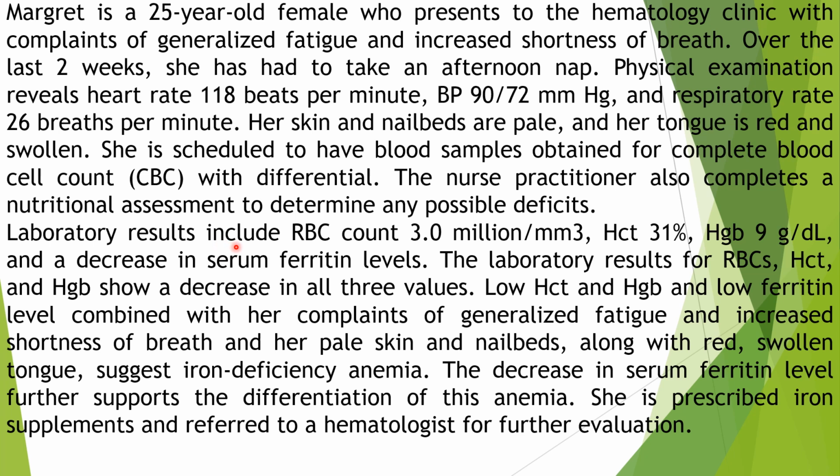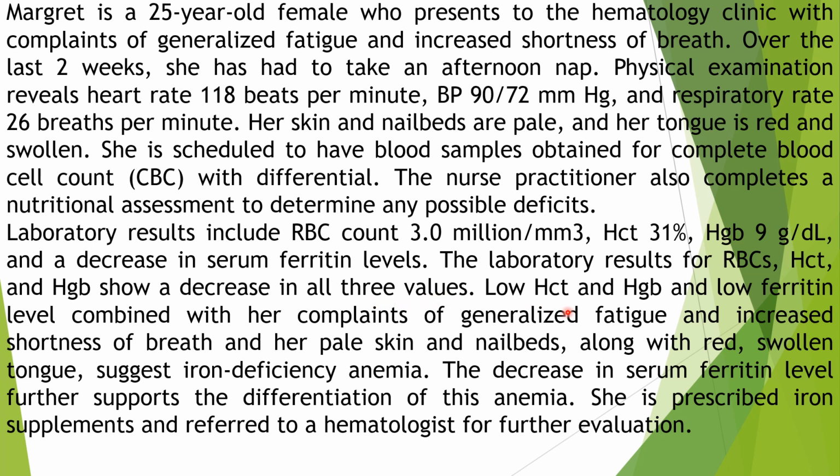Laboratory results include RBC count 3 million per millimeter cube, hematocrit 31%, hemoglobin 9 gram per deciliter, and a decrease in serum ferritin levels. The laboratory results of RBCs, hematocrit, and hemoglobin show a decrease in all the three values.